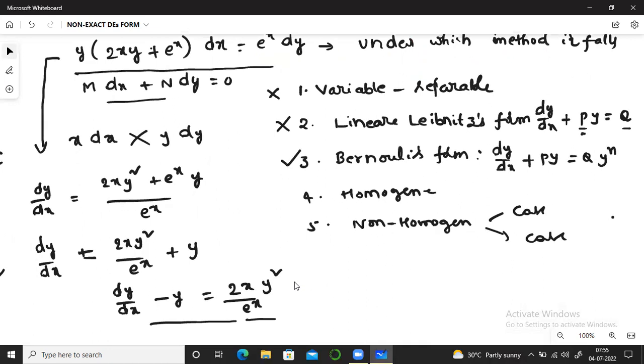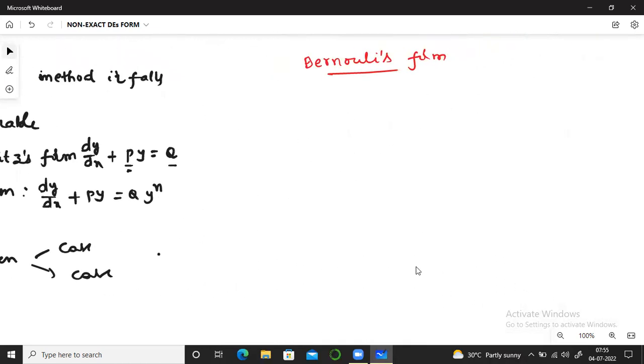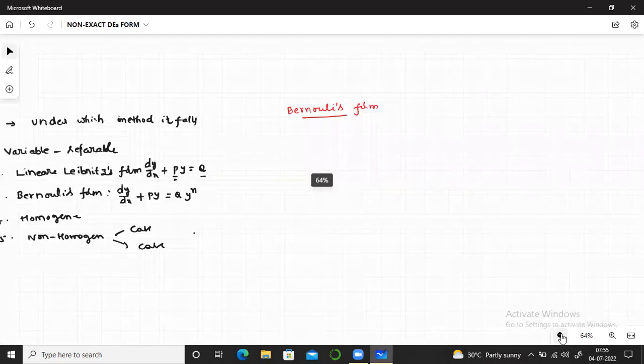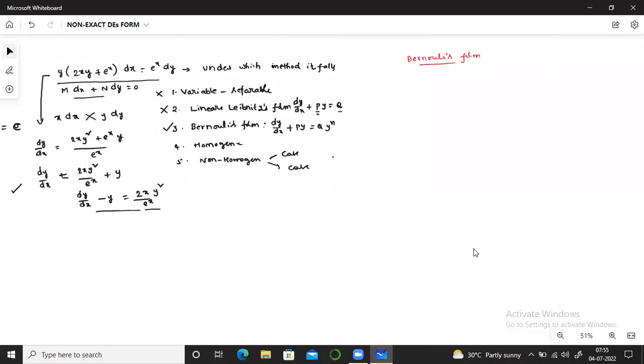So what is the question? dy over dx minus y is equal to 2x over e power x into y square.